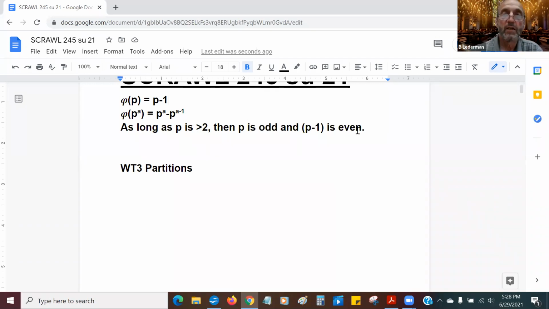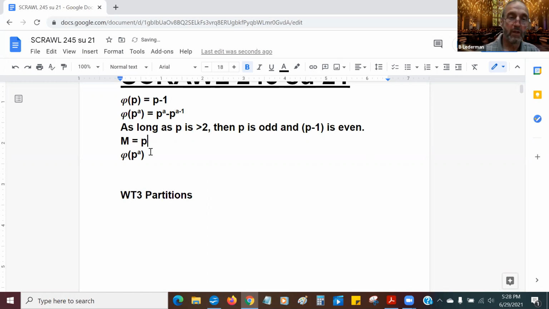So we know that, like we said before, if M equals p to the a, times q to the b, and then times, I don't know, r to the c.